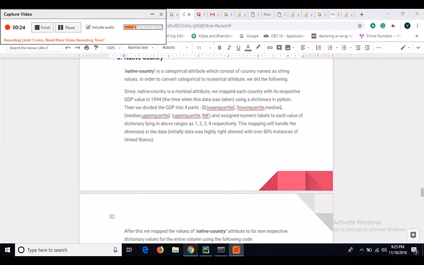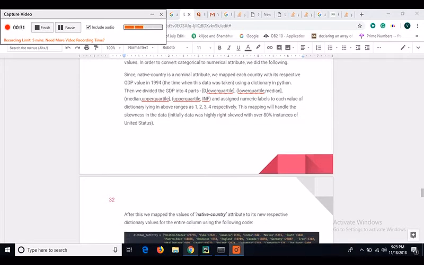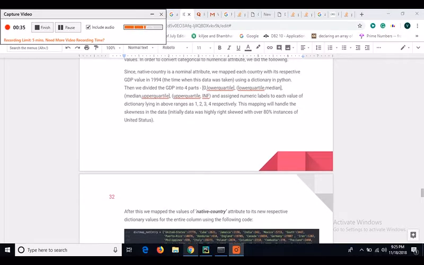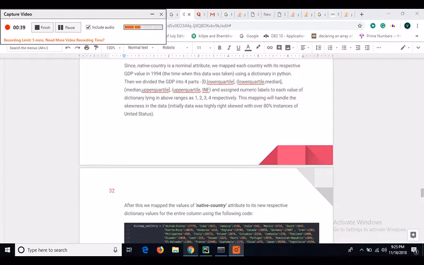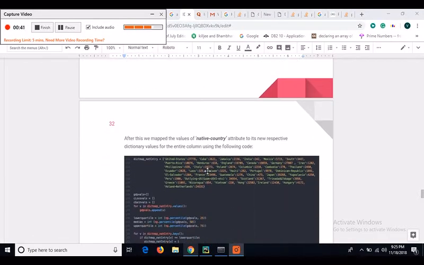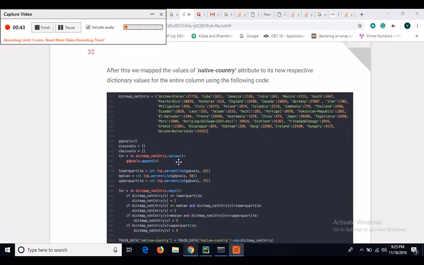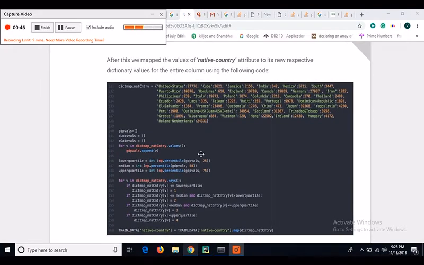We divided it into four parts: 0 to lower quartile, lower quartile to median, median to upper quartile, and upper quartile and above. Then we reassigned the values in the dictionary to 1, 2, 3, 4 corresponding to these quartiles. So if a GDP lies between 0 and the lower quartile, it will be assigned 1.